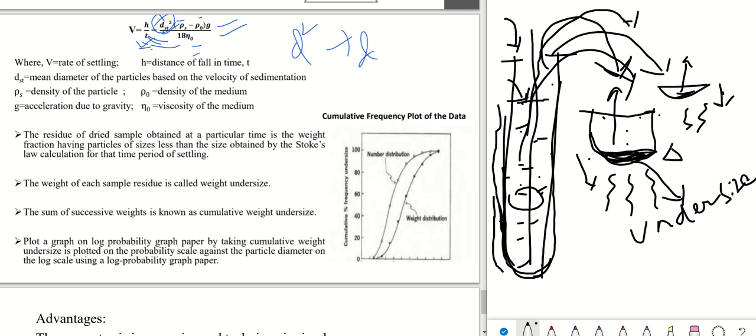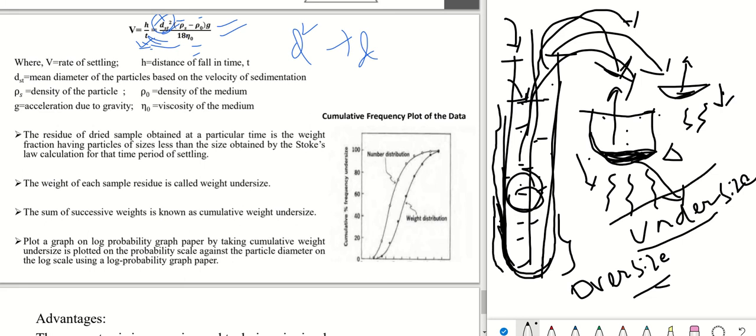Parallelly, there are a few particles which have undergone settling. So when we are taking the sample in a china dish, that indicates it is undersize. And the particles which are already heavy have already got sedimented. Those are known as oversize. So from the sediment, we can get the oversized particles, and from the supernatant liquid, we will be able to get the undersize particles.